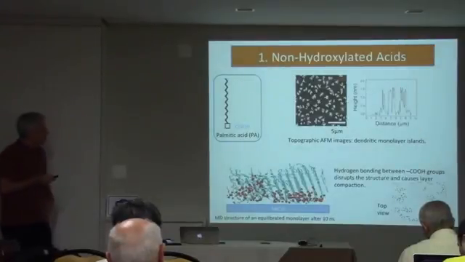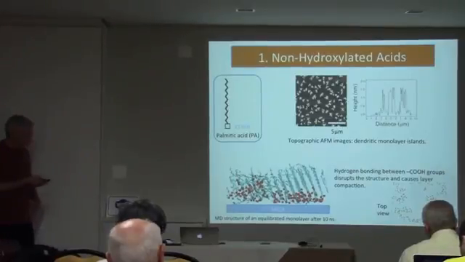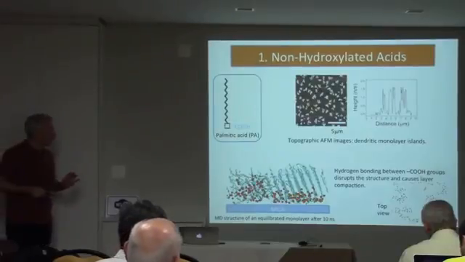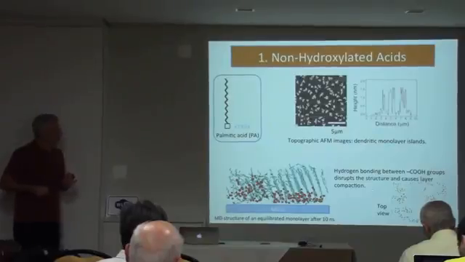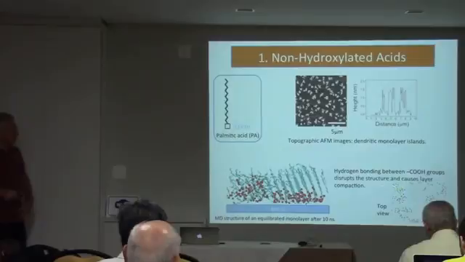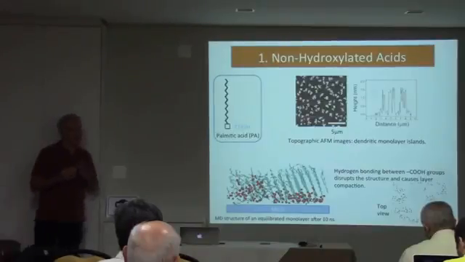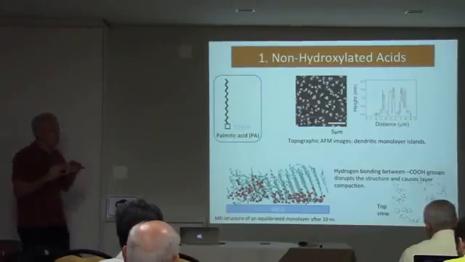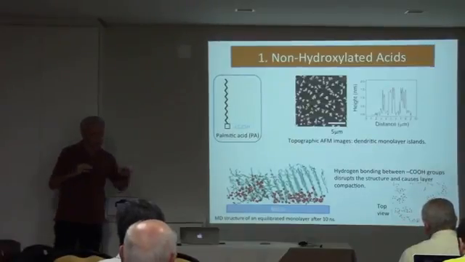And the simulation shows us that there is no effective bonding between the carboxylic groups on the surface. We can mimic in some way how these dendritic islands are formed. This is because the hydrogen bonding is not very effective. The carboxylic group disrupts a compact or homogeneous network.